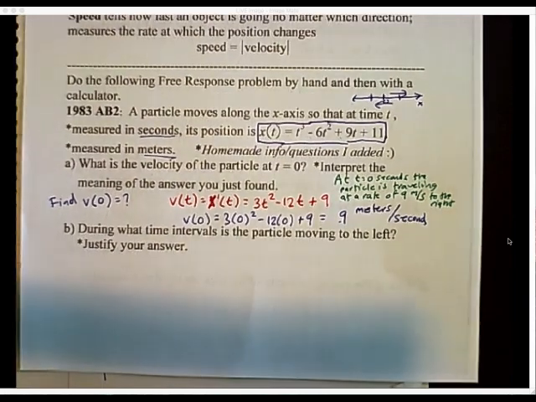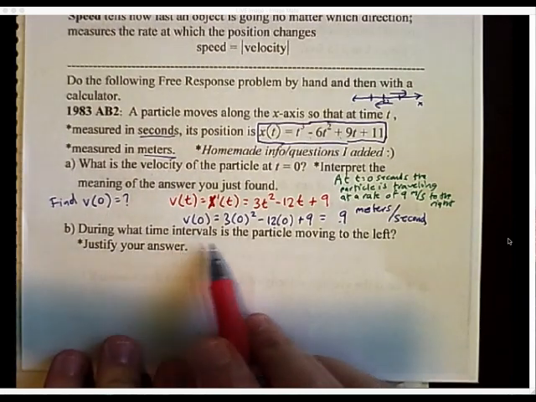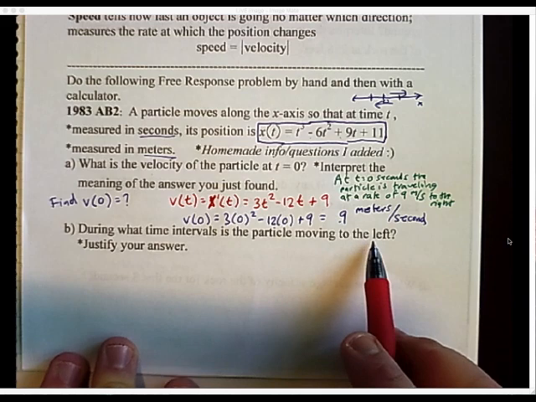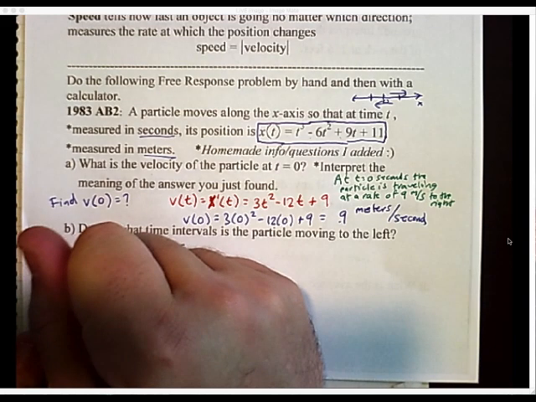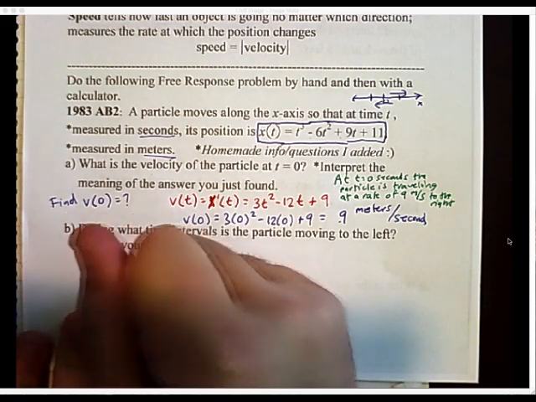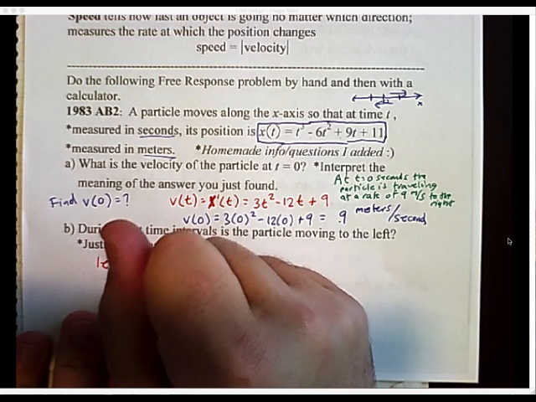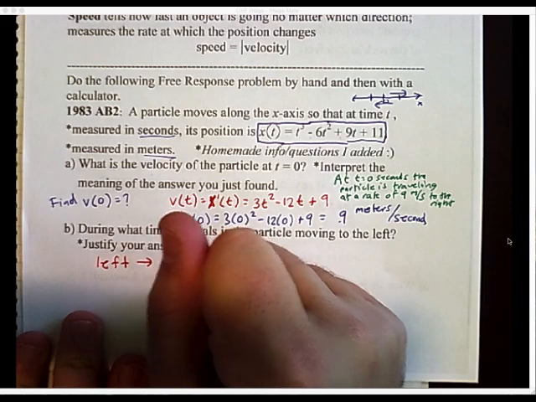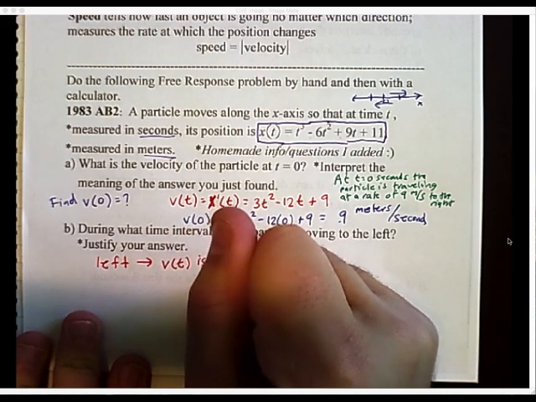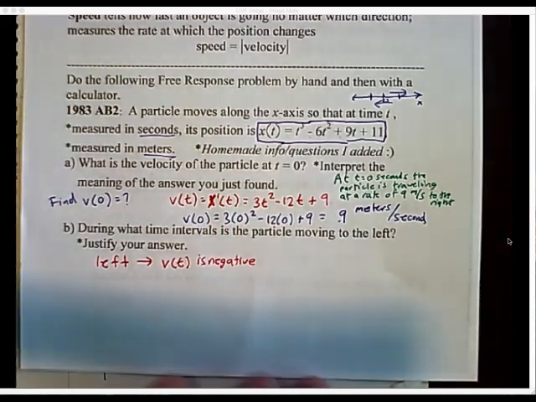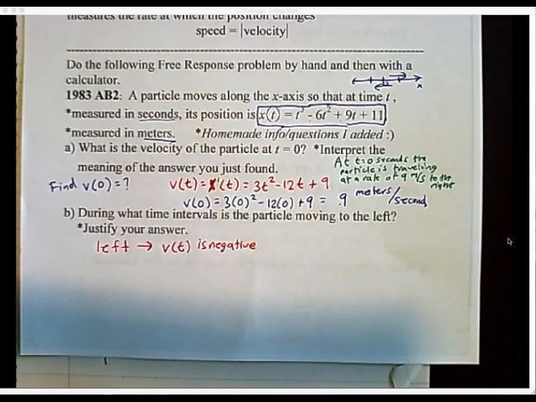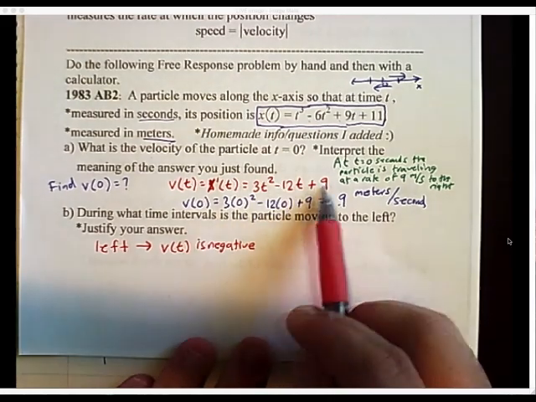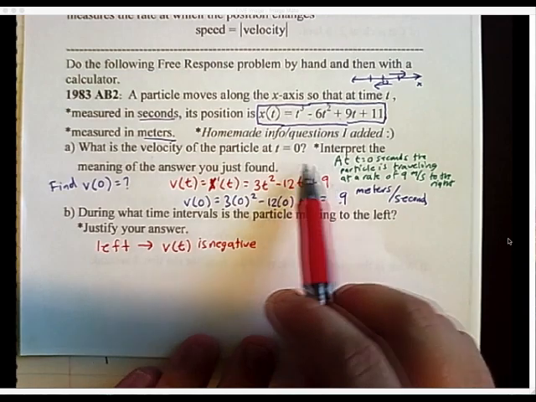All right, part B. It says, during what time intervals is the particle moving to the left? So when a particle is moving to the left, that means its velocity is negative. So we want to find the t values that would give me a negative number for this.